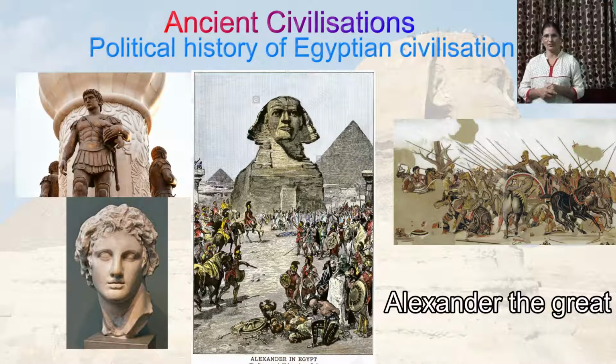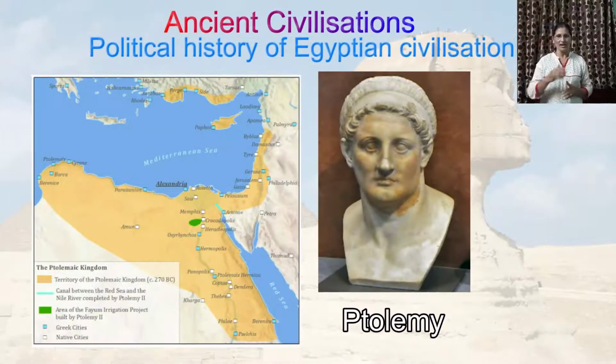Alexander the Great from Greece conquered Egypt. He had an eye on Egyptian civilization, and after a long time he succeeded in conquering it. He had a military general named Ptolemy, one of the intelligent and strong men.